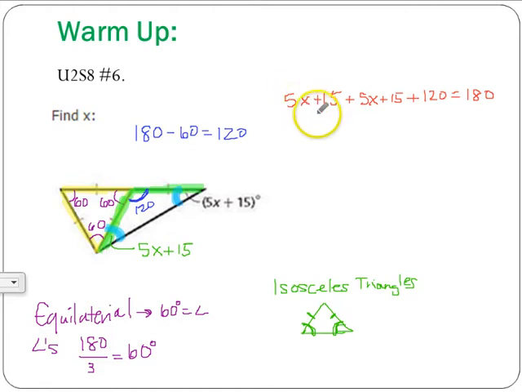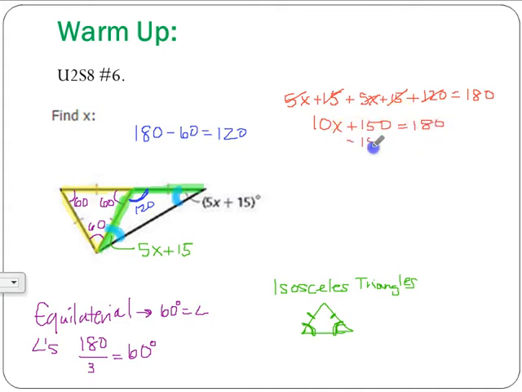Let's start combining like terms on the left side. 5x plus 5x is 10x. 15 plus 15 is 30, plus 120 is 150. And then we set that equal to 180.